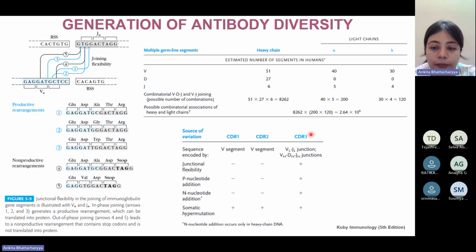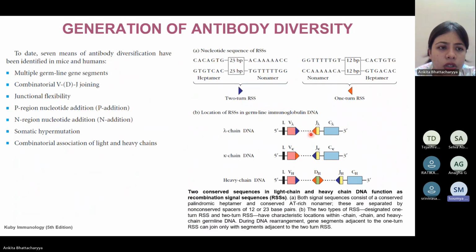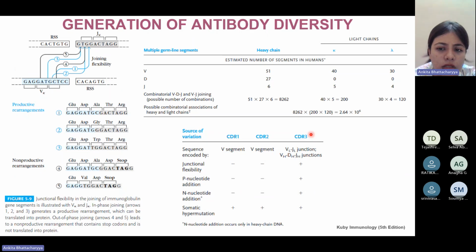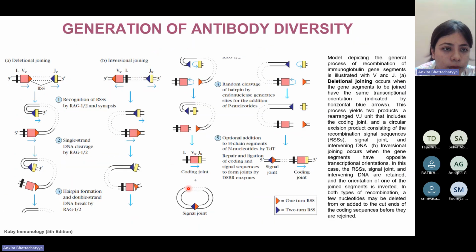I'm explaining that part. We'll move on. No, ma'am, it is showing this 7 times of generation of antibody. Oh, is it only you? Is everybody facing that difficulty? I've been explaining it for quite a while. Can anyone else please unmute and let me know if you've been able to see the slides all this time?